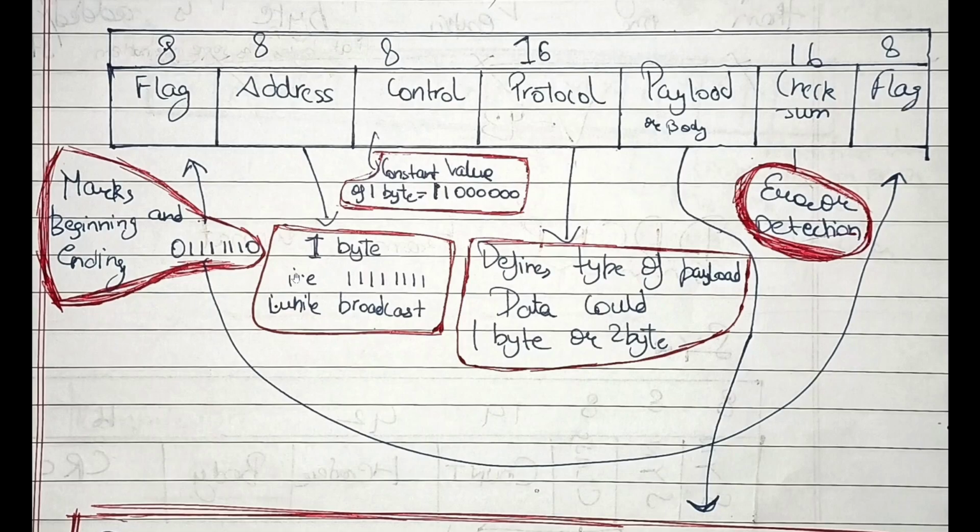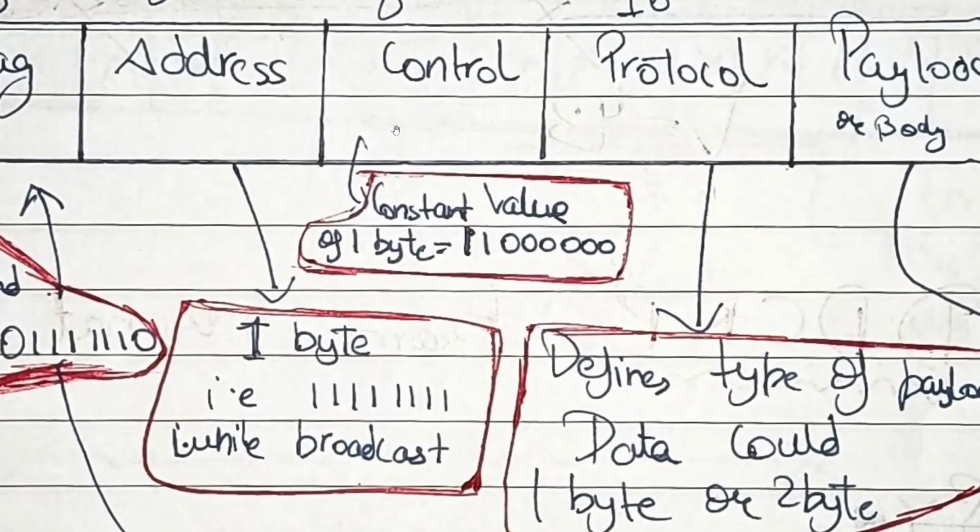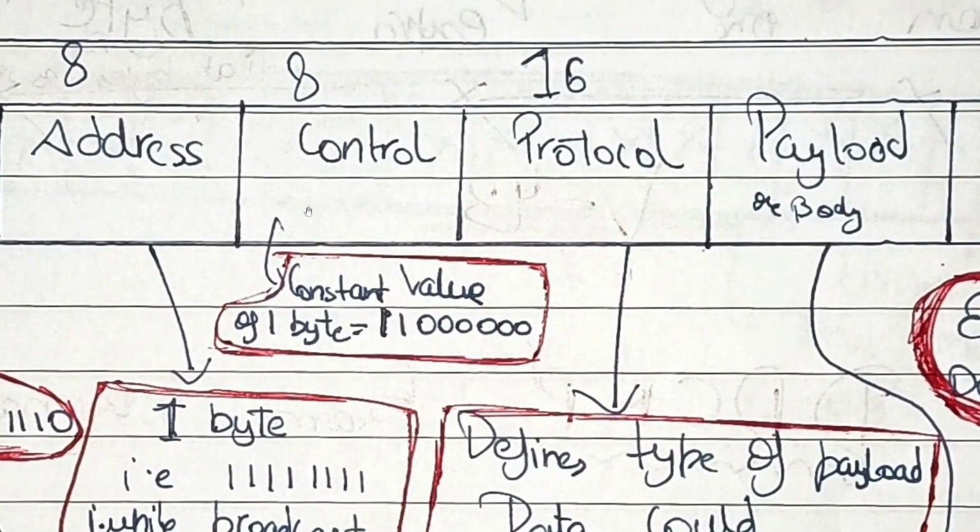Talking about address, this will be of 1 byte, that is 8 bits, and they are going to be all ones while broadcast. The another one after address is control.